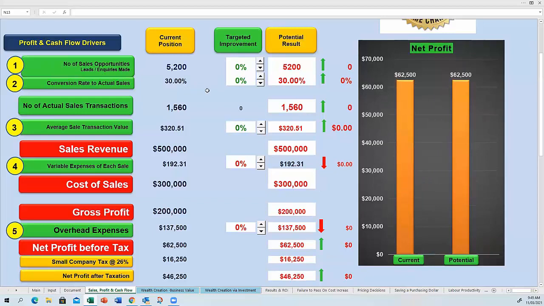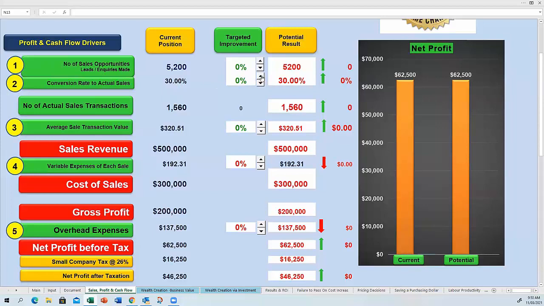Now, if we focus on our conversion rate of those sales opportunities into actual sales, this business is basically converting about 30%. So for every 100 sales opportunities, they're actually converting 30 of those into actual sales.